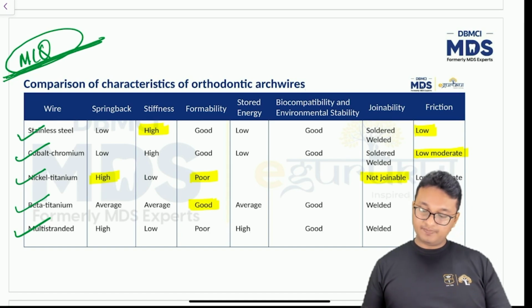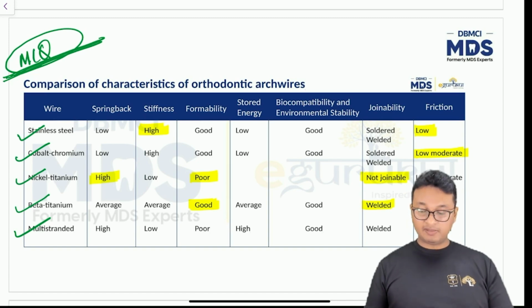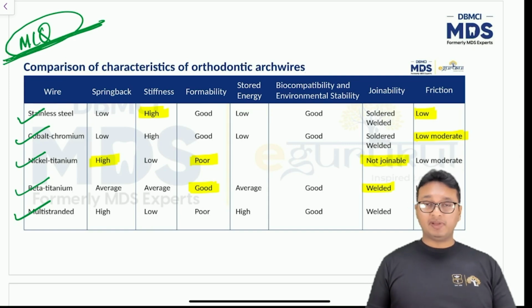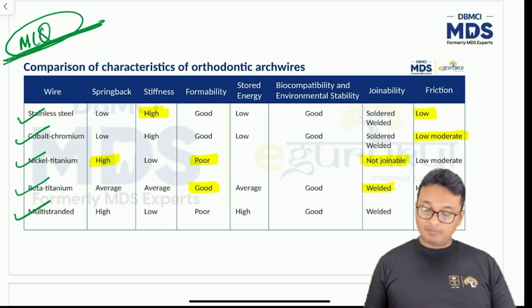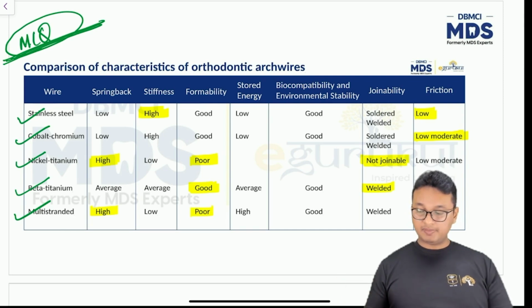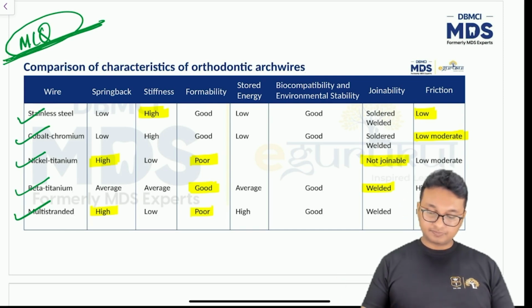This is important, and it can easily be welded. So beta titanium can be easily welded, and it has good formability. That is why beta titanium can be used for fabrication of different types of loops into the arch wire. And multi-stranded wires have high spring back but do not have good formability. They are poor in formability, and friction characteristics are not known in this.